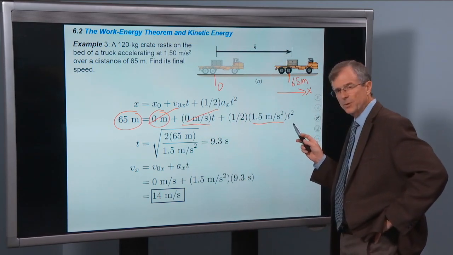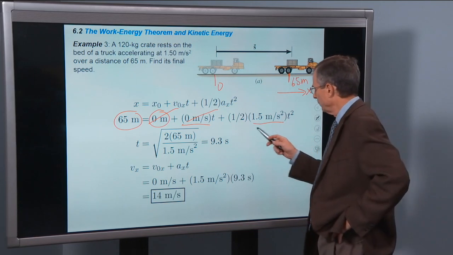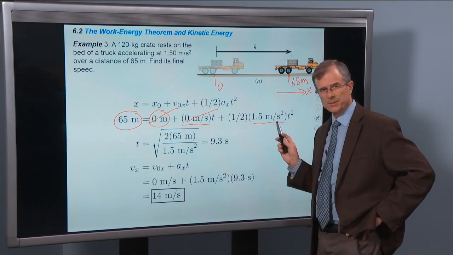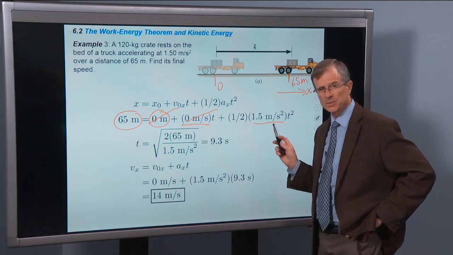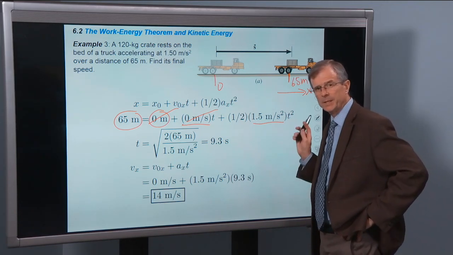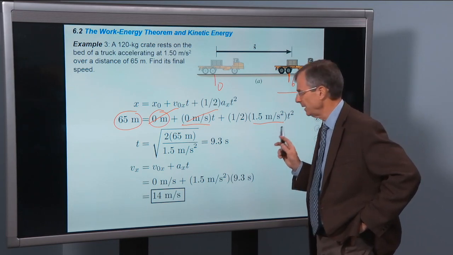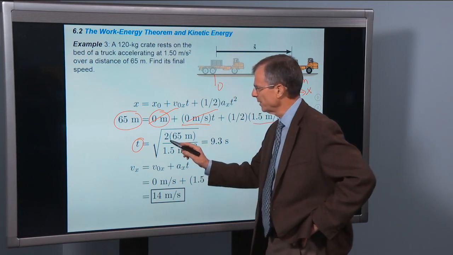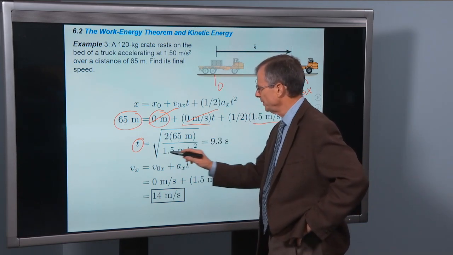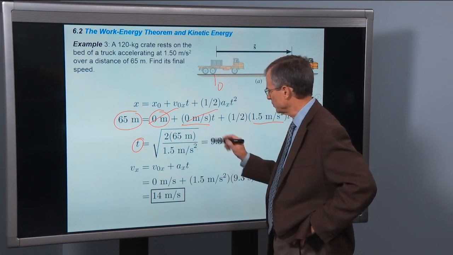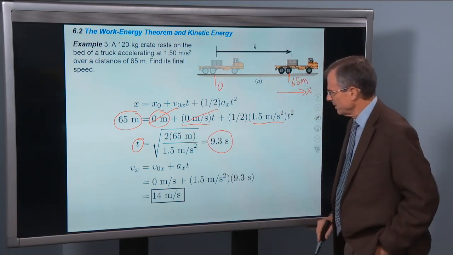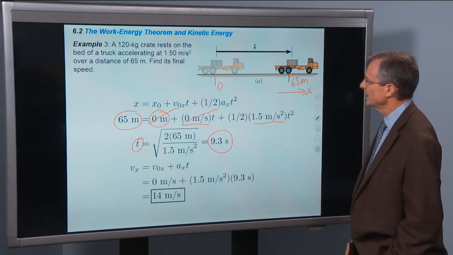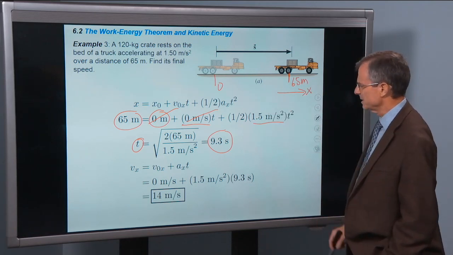I can solve this equation for t by multiplying both sides by 2, dividing both sides of the equation by 1.5 meters per second squared, and then by taking the square root to find t. So here it is. t is 2 because we'd already multiplied by 2, we divided by 1.5 and we took the square root. So the algebra gives us 9.3 seconds for the time that it takes to speed up over this distance.